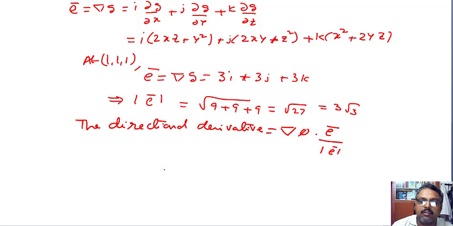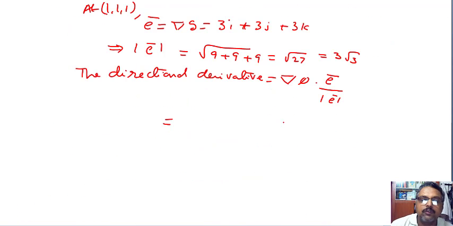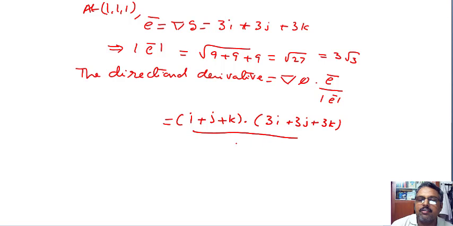Using this, del phi is i plus j plus k, dotted with 3i plus 3j plus 3k, divided by 3 root 3. Now this value is 3 plus 3 plus 3 by 3 root 3.